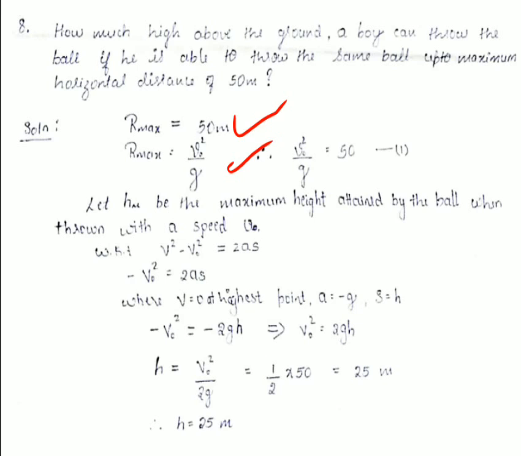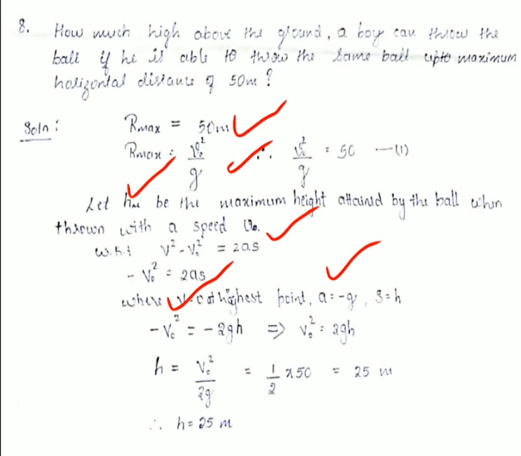So here let HM be the maximum height attained by the ball with a speed of V naught. You know that when a ball reaches the maximum height, the velocity at that point will be 0. Acceleration acting at that point will be minus g and the height is h.